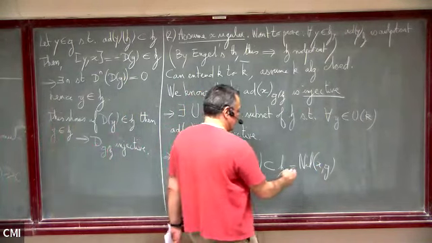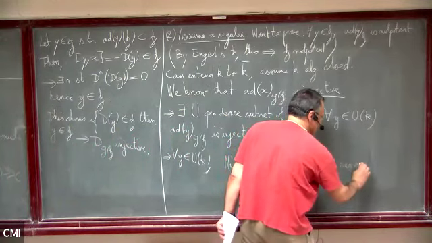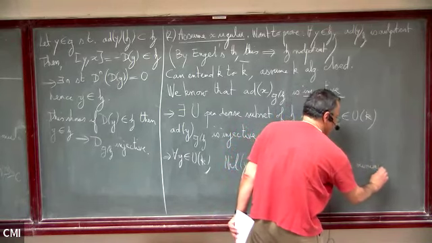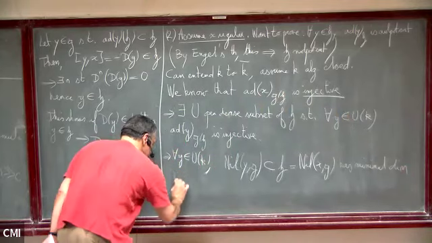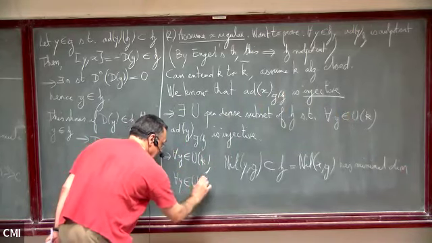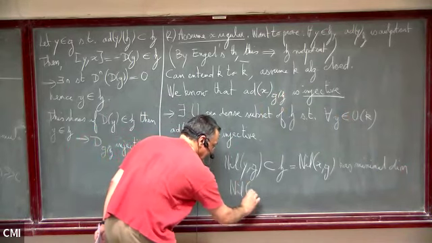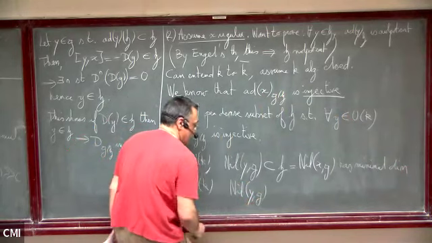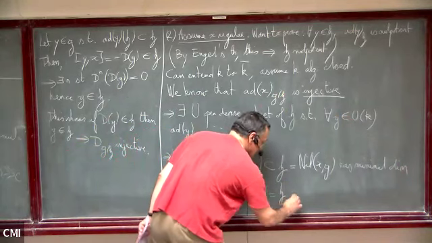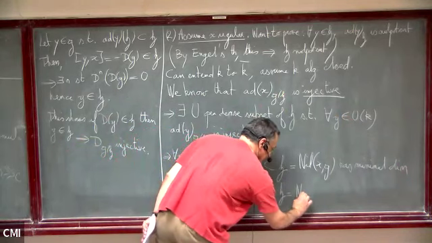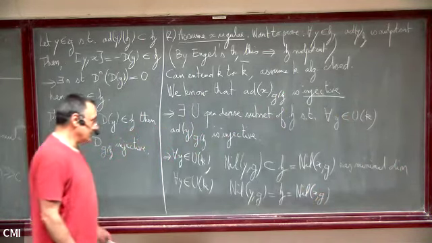And this one has minimal dimension. So actually, for all such Y, we have this equality. So this nil space is H, which is this.